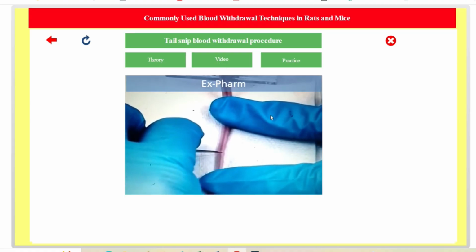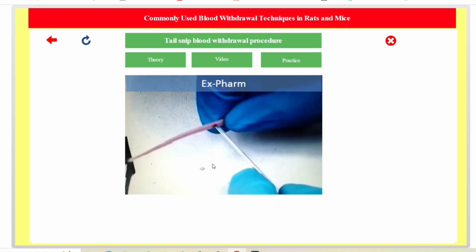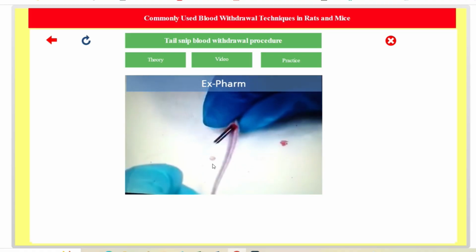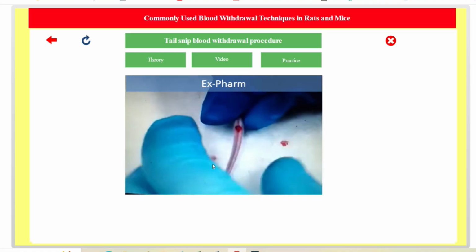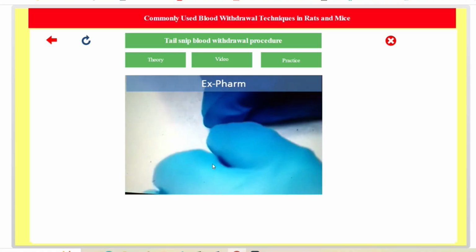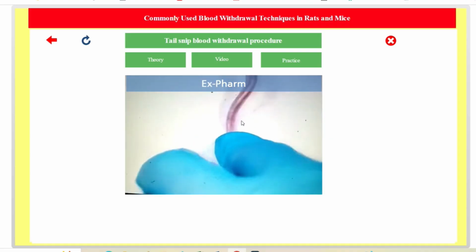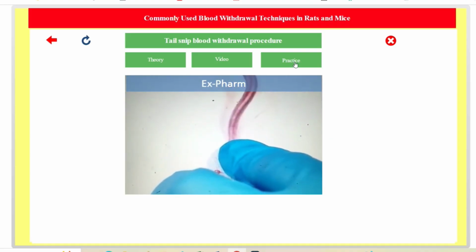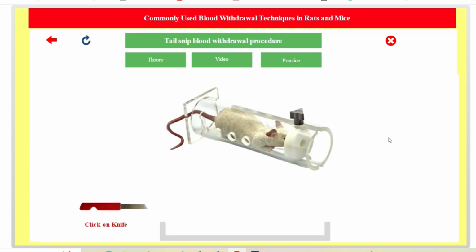So we will see the video. Here you can see the animal is placed in the restrainer and we are directly cutting the tail part. From here you can see blood is easily collected. Next we will see the practice. Now we will click on the knife.